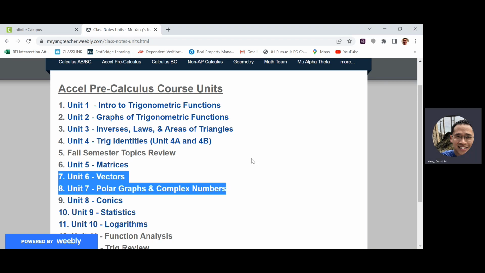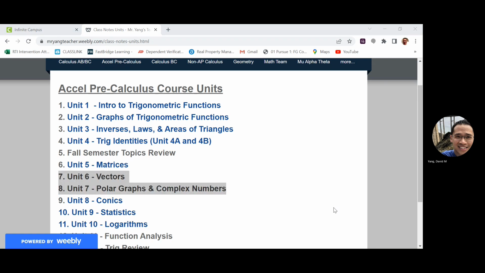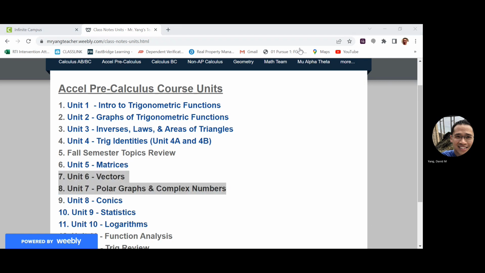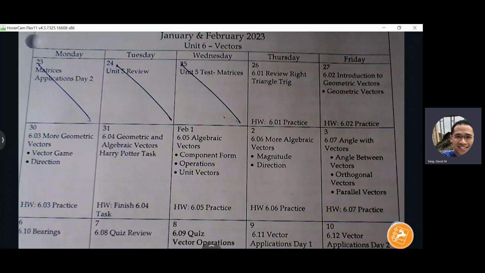Okay, we're just going to do pages 1 and 2. Today we're going to do just right triangle trig review, and then we'll start with vectors.